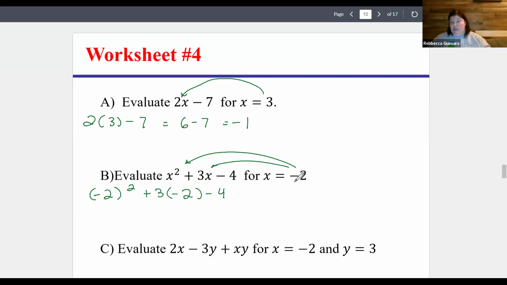So this is why I use those parentheses, because this is -2 squared. So that means the -2 is being duplicated, not just the 2. So it's -2 times -2. So we know that's +4. So I did my exponent first.